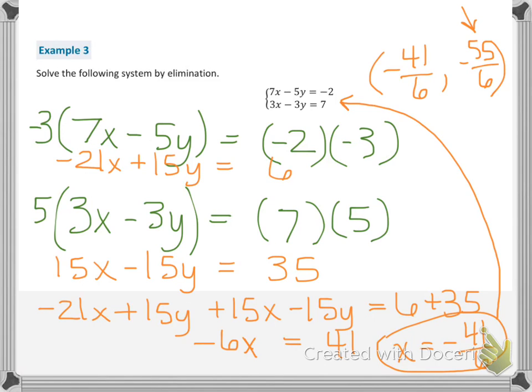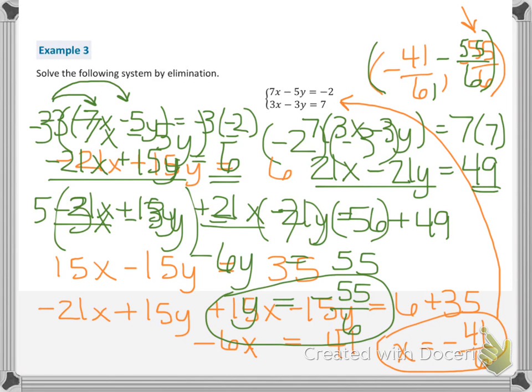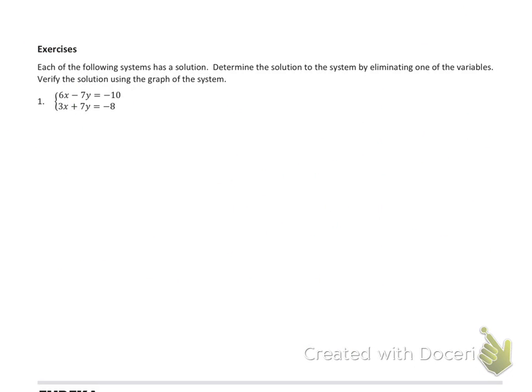Okay, so let's go ahead and look at exercises 1 through 3 that you have here, and you can work on those independently and then come back and check the video for your results.